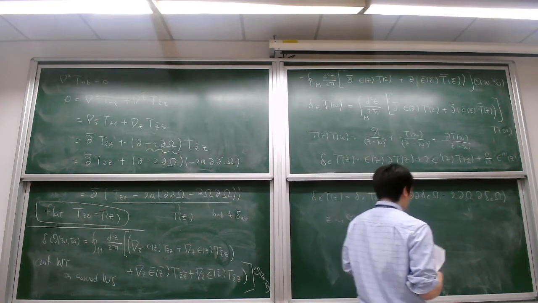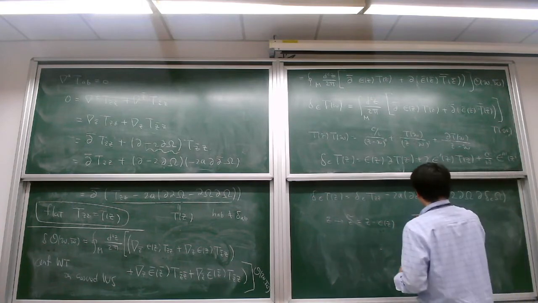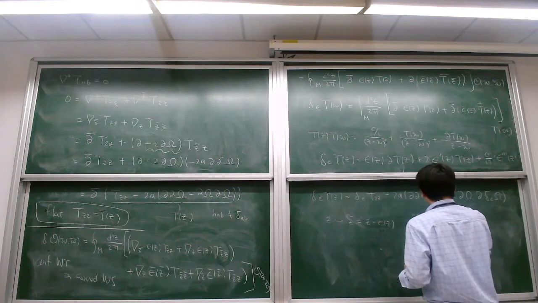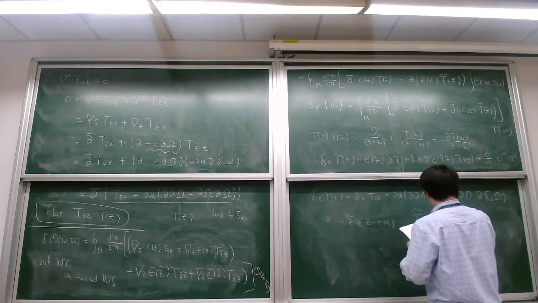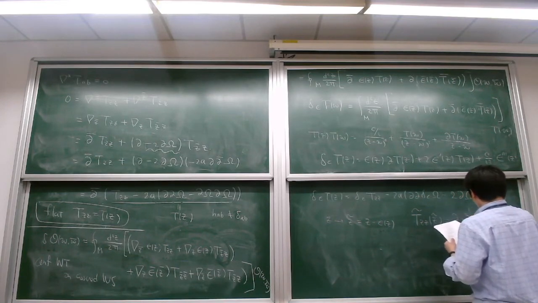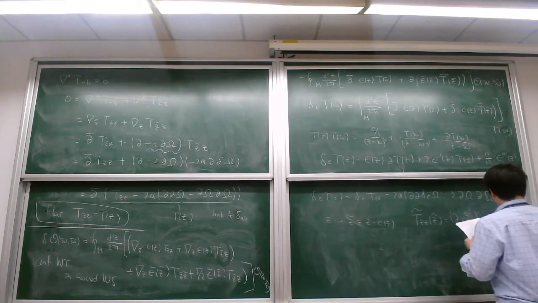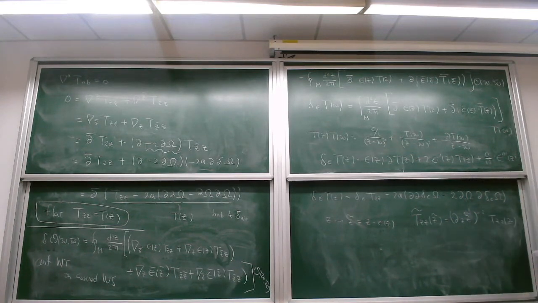So now we just do the infinitesimal transformation this way. Then under this one, the stress energy tensor, the energy momentum tensor, just transforms in the ordinary way: partial z, c tilde, minus 2, z of z.